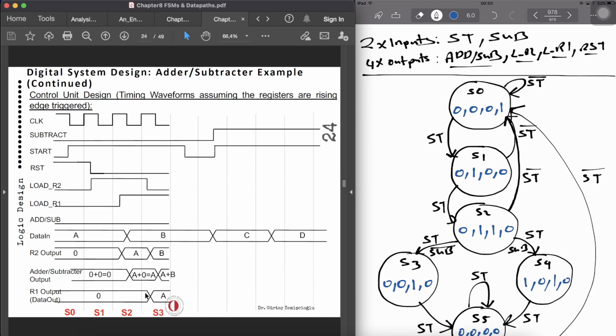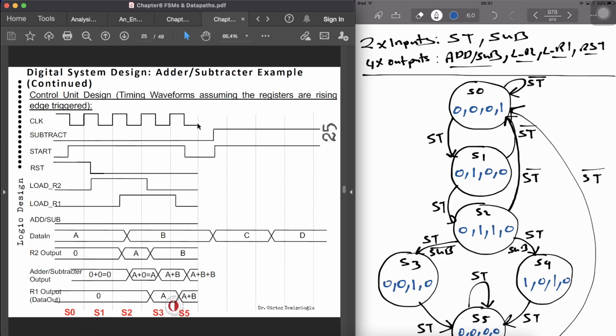So as you can see, R1 has got the value of A, R2 has got the new value, which is B, and load R2 is deasserted, load R1 is still 1, and as start is asserted and subtract is 0, we are going to perform the A plus B operation. On the next clock edge, as you can see, A plus B is performed, and the value will be stored in R1.